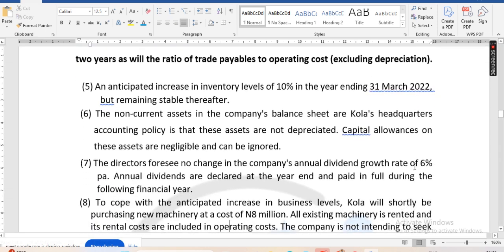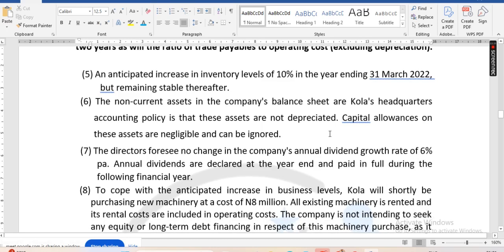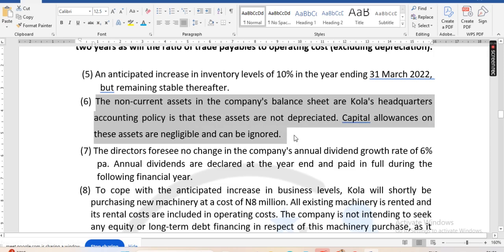Roman figure 6 says the non-current assets in the company, we need to analyze it number by number so that you will have an understanding of it. The non-current assets in the company balance sheet: the headquarter's accounting policy is that these assets are not depreciated.